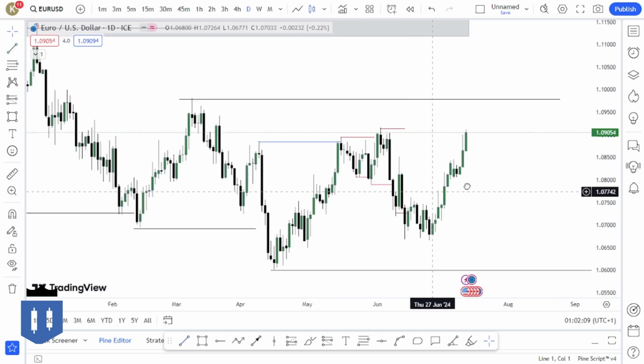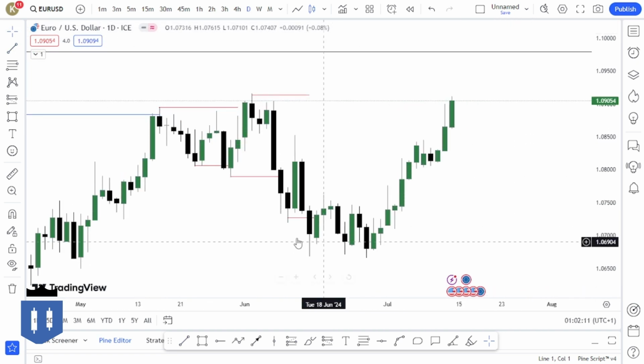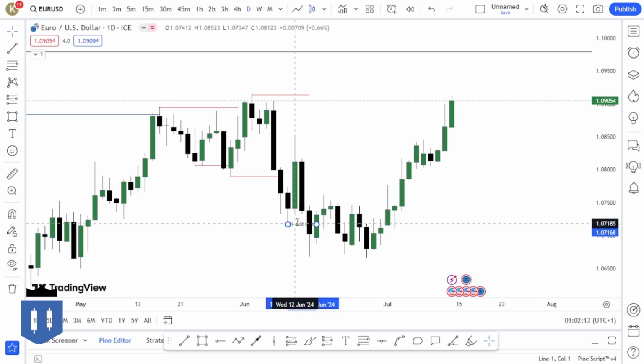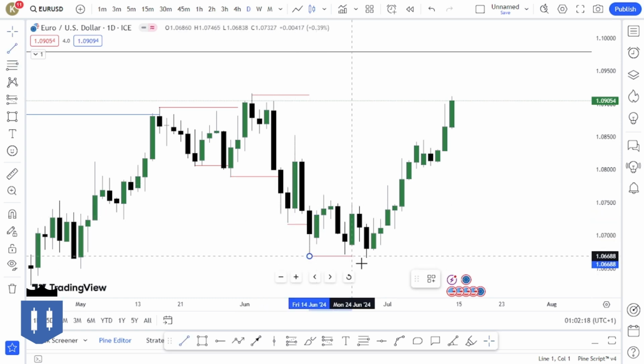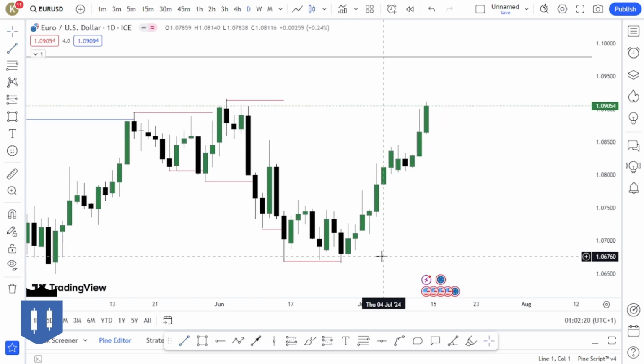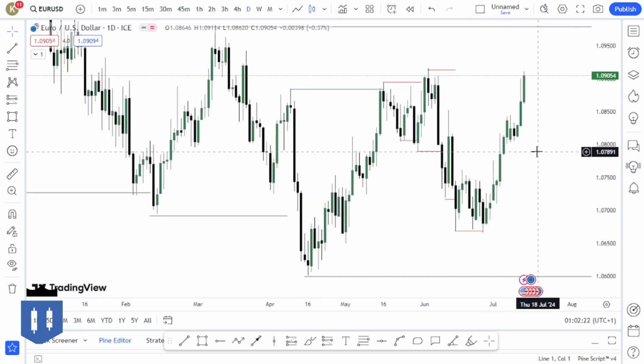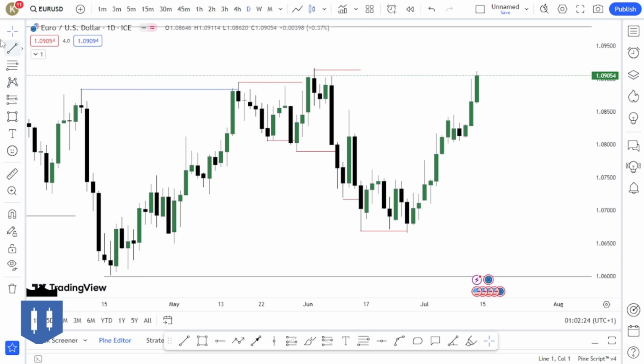Now we have this. You can see we have this low here, and then we have this low here. You see that? Very simple. This low was caused by this high, so this is where a change of character kind of happened.